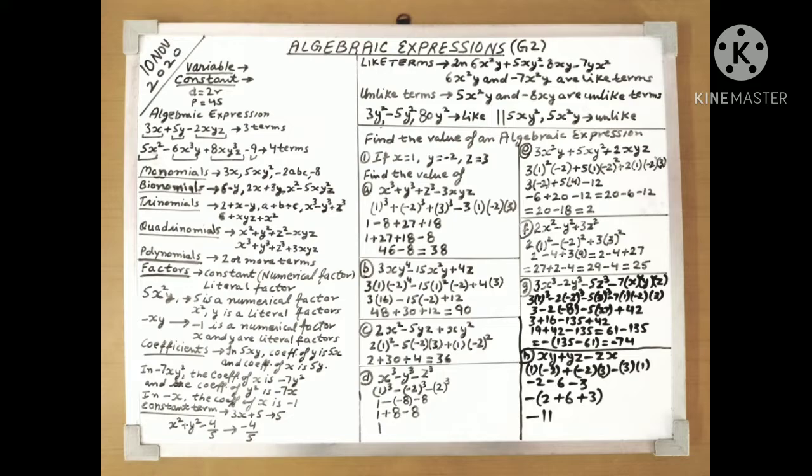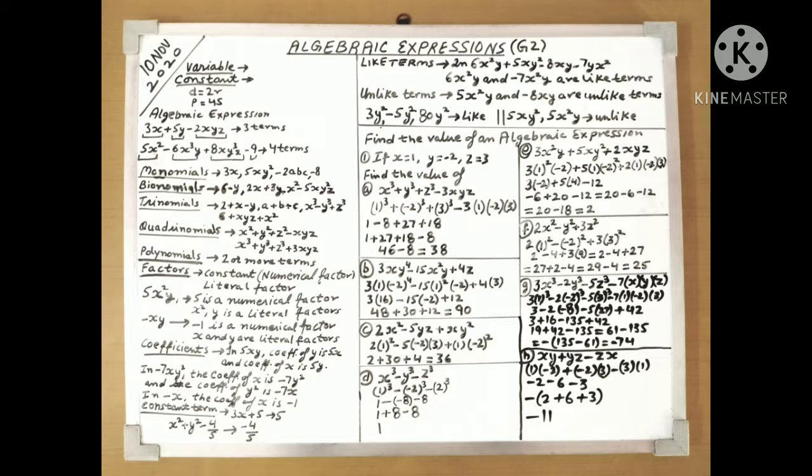Okay. So I have explained very clearly the process of finding the value of an algebraic expression in these two examples. There are 6 more examples. On the same lines, you pay attention and just try to do it, solve it yourself. You will easily understand the process also, right?